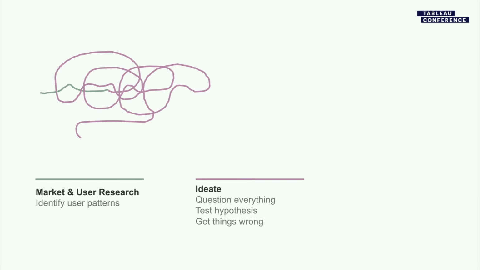And so then once we decide we're going to move forward, then we start ideating. This process is a lot about, okay, we're going to do something about the patterns that we're seeing. So what are we going to make? And there's a lot of questioning, well, what are we going to make all the time? We spin through a lot of ideas. We spin through a lot of things that don't go well.